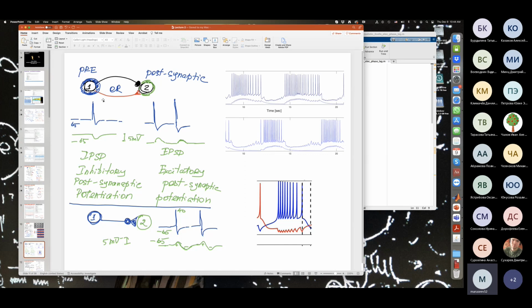Somehow it affects your locomotion properties. So it destroys the coordination between the cells that would produce this kind of activity.